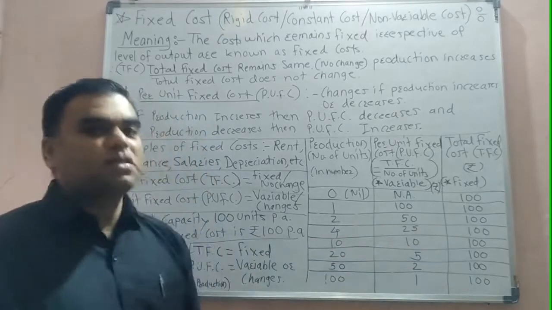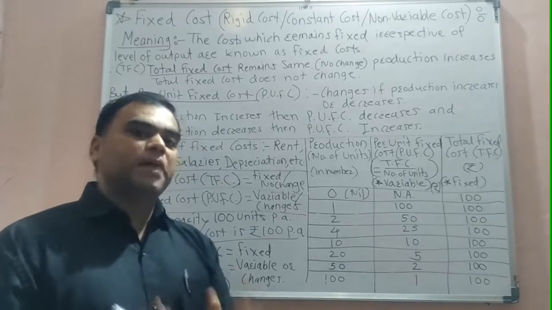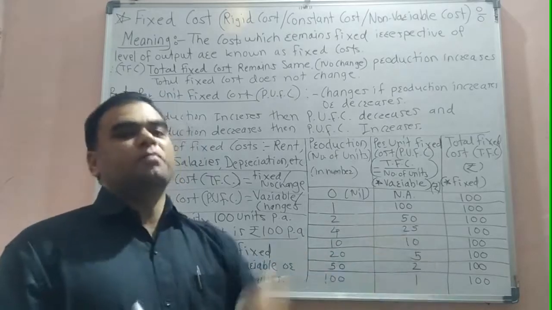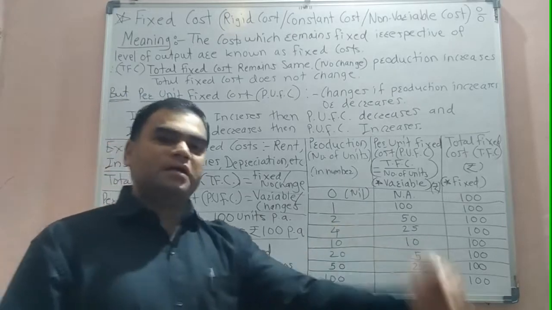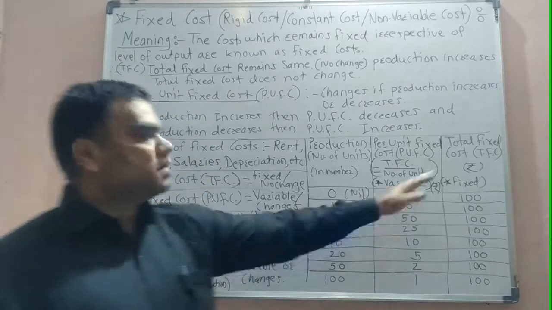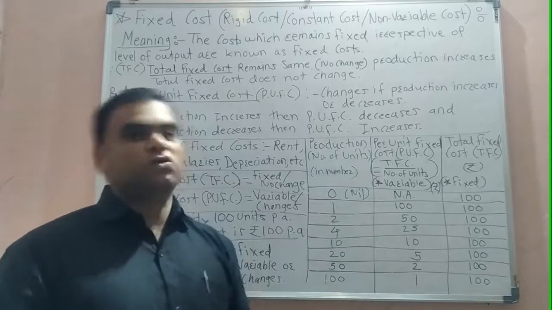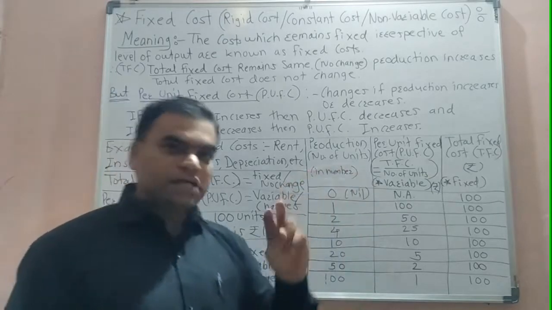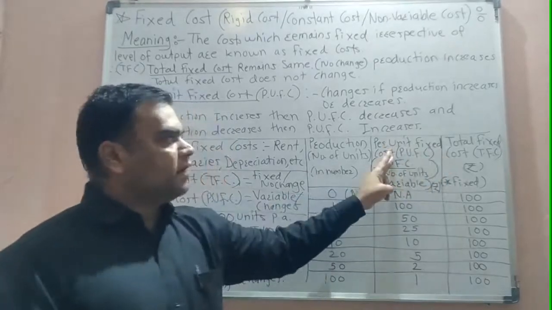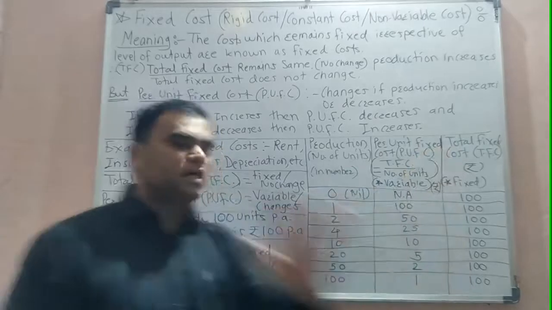Okay, so total fixed costs are those costs which remain the same up to a certain level of activity, up to the maximum capacity. So what we have discussed? The nature of variability of fixed cost. Fixed cost has two types: total fixed cost and per unit fixed cost. Total fixed cost remains the same, it doesn't change.